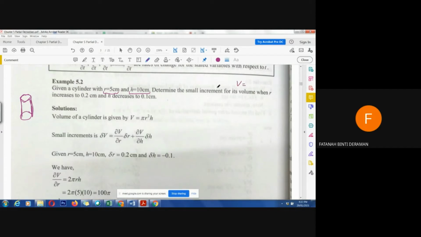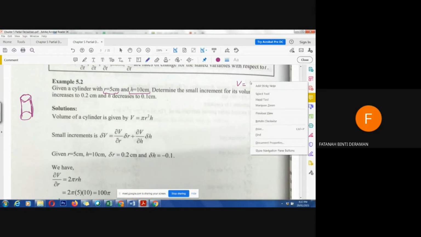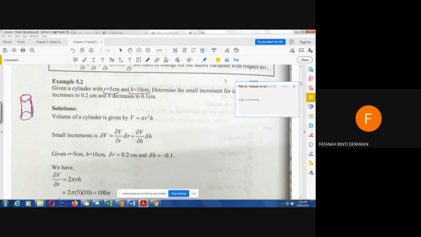So you take the book, you find the previous chapter, we have a formula. On page 110, for volume we have pi r square h.